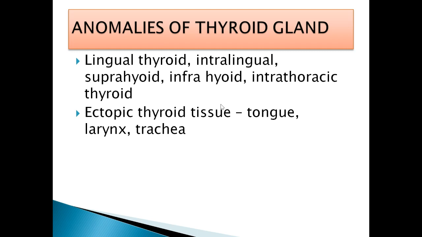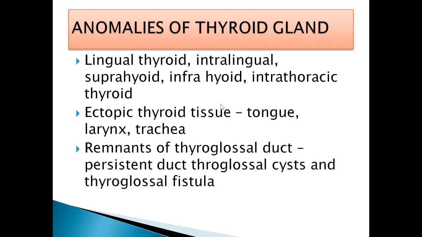Sometimes, apart from the normal thyroid gland, there may be ectopic thyroid tissue in relation to the tongue, larynx, and the trachea. Remnants of the thyroglossal duct may persist, so that they will cause thyroglossal cyst and thyroglossal fistula.